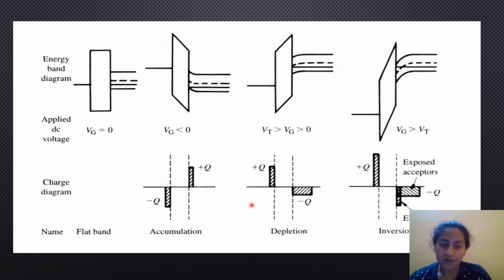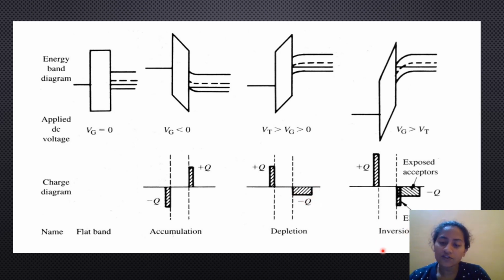Now the charge diagram. Here Q represents the charge, positive, and here there is no current supply, so there will be no flow of any current. The charge here will be negative and positive, and coming to the depletion mode, it will have positive charge also, but the negative charge will be slightly more.